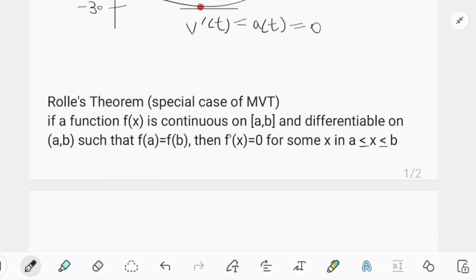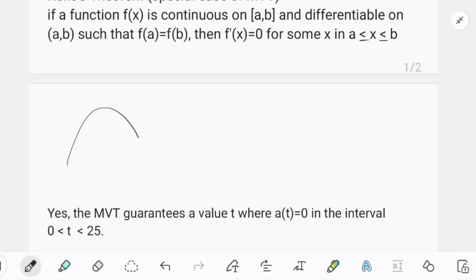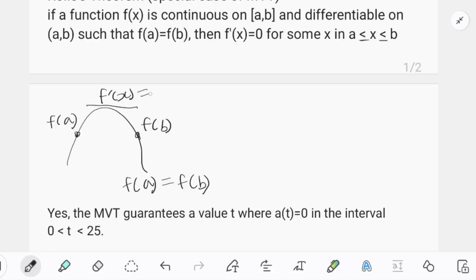This can be explained using Rolle's theorem, a special case of the mean value theorem, which basically states that if there are 2 points in a function, f of a and f of b, which are equal, then there must exist a point between these two where f prime of x is equal to 0.